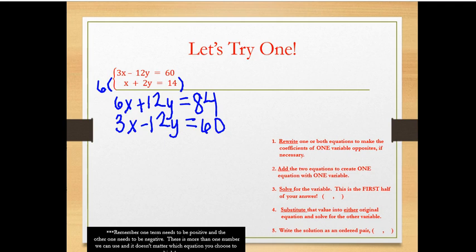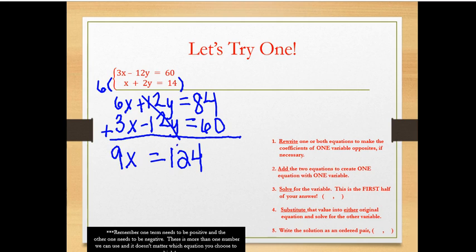So we want to combine our equations. 6x plus 3x gives me 9x. 12y minus 12y, they cancel out. And 84 plus 60 should be 124. That's not right. 144. Yes, 144. Sorry.